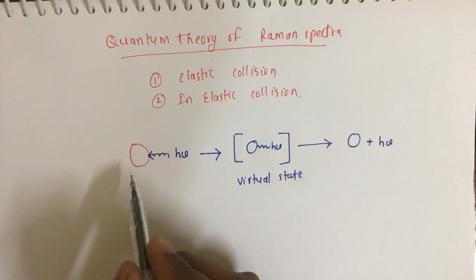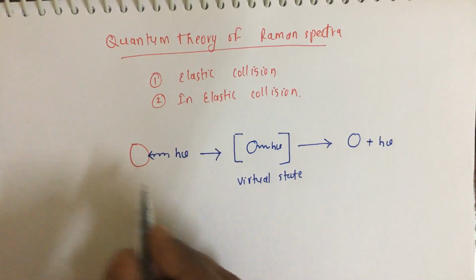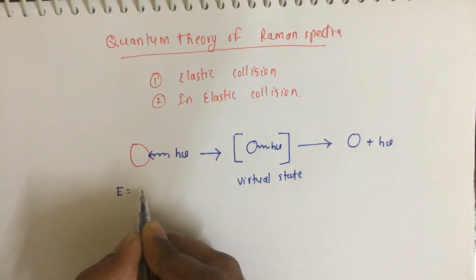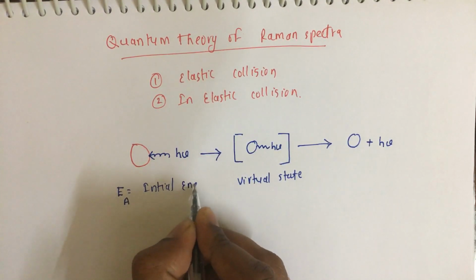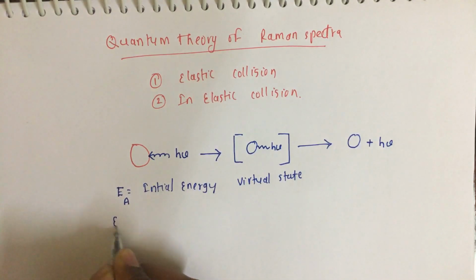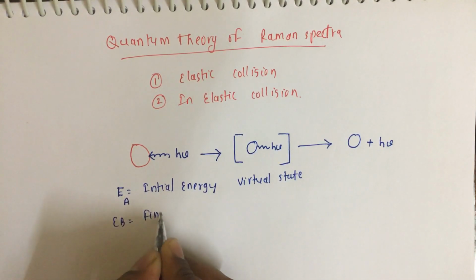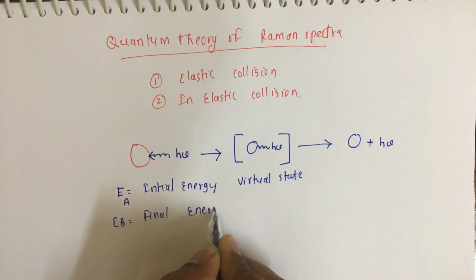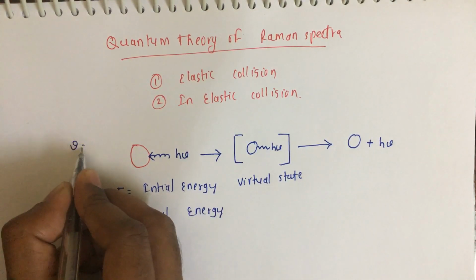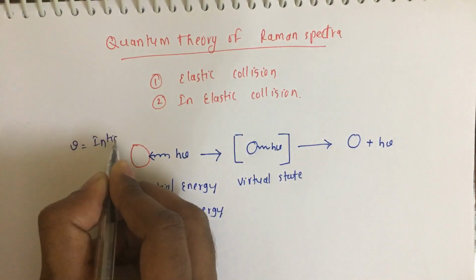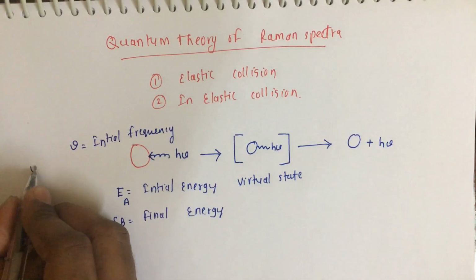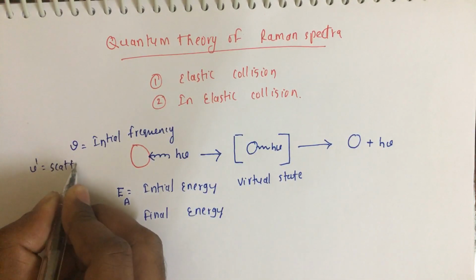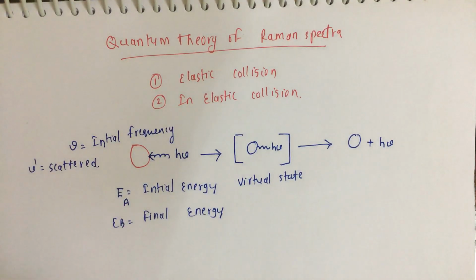Initially we have a molecule with initial energy EA, and EB is the final energy, and this has a frequency of nu. Nu means initial frequency, and nu dash is the scattered frequency. Now I'll explain in detail what I'm trying to say.